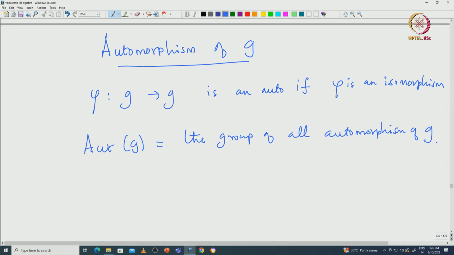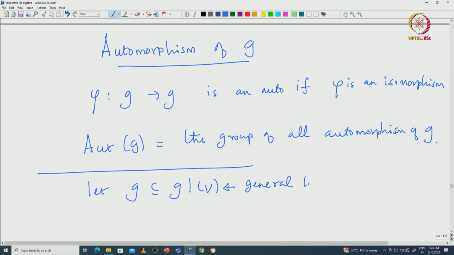when G is a linear Lie subalgebra. Okay. So, let us take G to be sitting inside gl(V) for some vector space V. This is the general linear Lie algebra. As a set it is the endomorphisms of V, and it is an associative algebra with respect to composition. You make it into a Lie algebra, then we get the general linear Lie algebra.